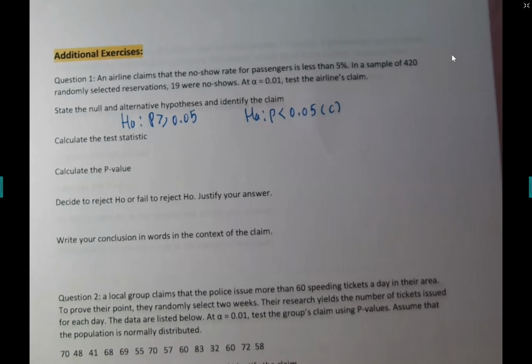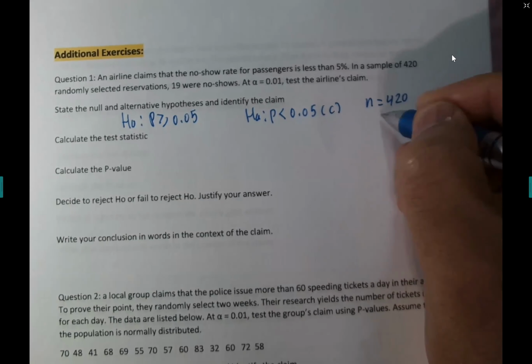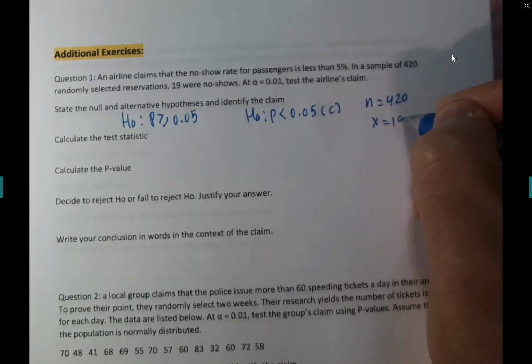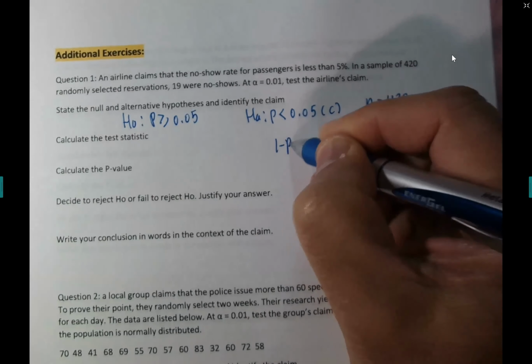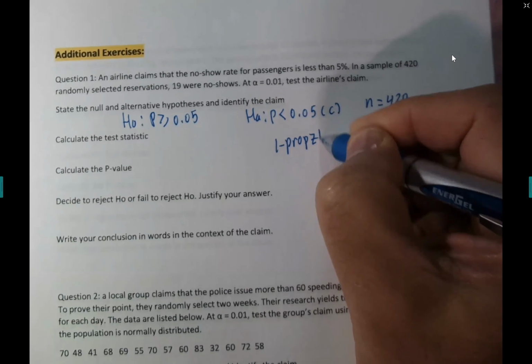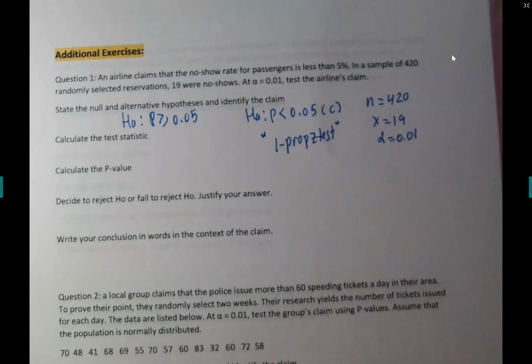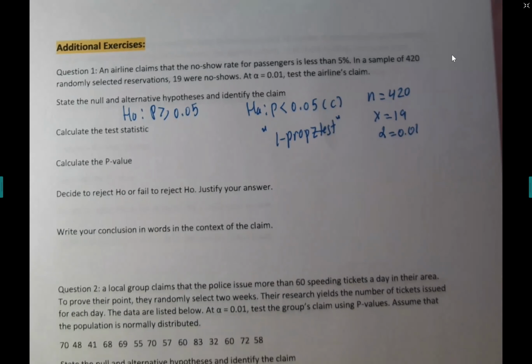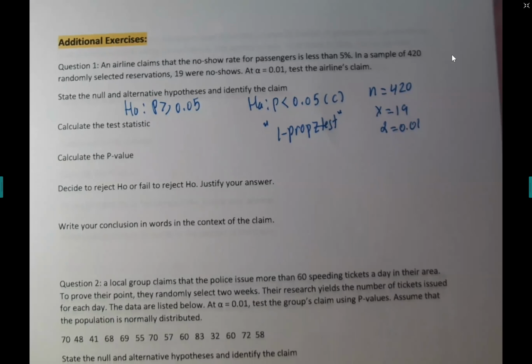In a random sample of 420, so N is 420, 19 were no shows, test the claim. Are we all in agreement, guys, that this is 1 prop Z test? Yes? Okay. I consider your silence as consent that it is a yes.